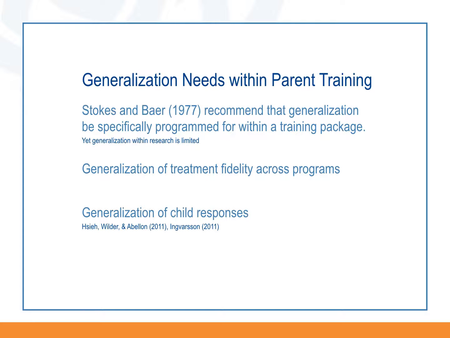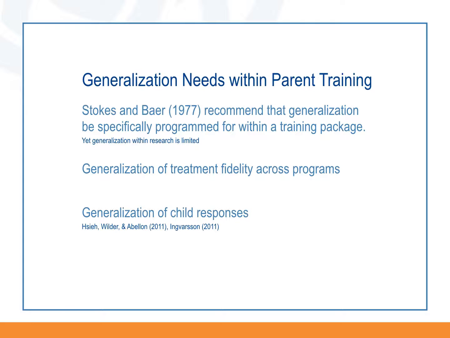One of the limitations in a lot of the research is the ability to generalize. So those generalization needs within parent training are especially important. Stokes and Baer recommend that generalization be specifically programmed for within any training package. Yet we don't often see much in terms of generalization probes or even really a focus on generalization in the research.